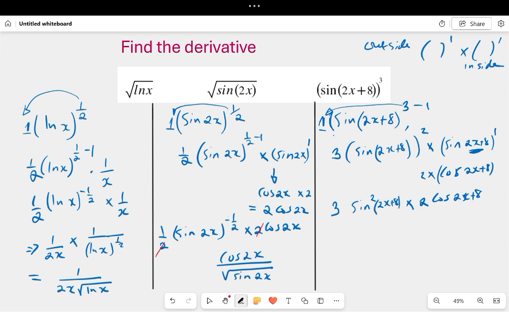So the final answer in simplified form is going to be 2 times 3, which is 6, and then you have sine squared 2x plus 8, and then cosine 2x plus 8. Okay, so that is the final answer.